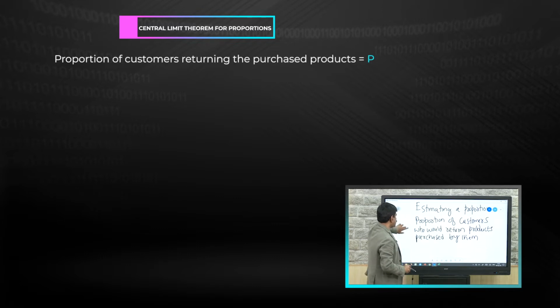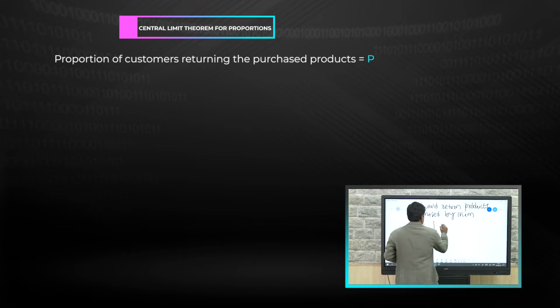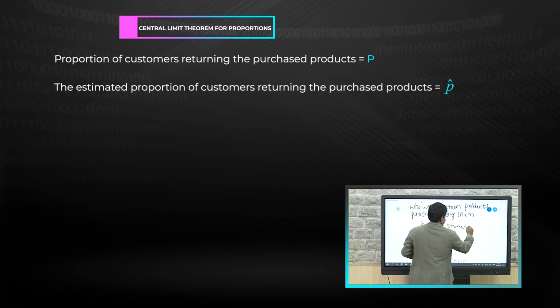I am going to assume that in the population, the proportion of customers who would return the items purchased by them is P. But typically what we do is we collect a sample. From that sample, we estimate the proportion. So, I am going to assume that the estimated proportion is P hat.